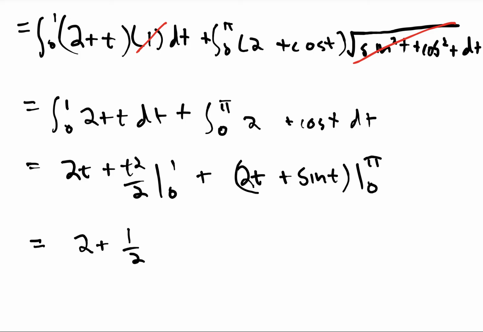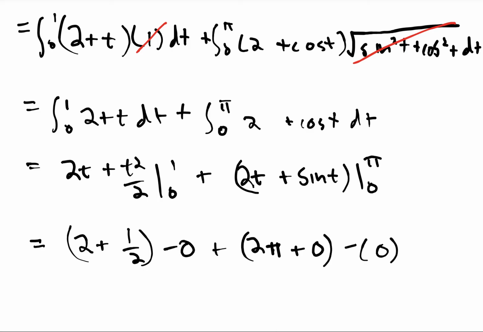Because when you go to subtract off what happens when you plug in 0, you're subtracting off a 0. Over here, on the other hand, I will get 2 pi plus sine pi. Sine pi is 0, minus what happens when I substitute in 0, and that also is pretty uneventful. So ultimately here, what I should be looking at is 5/2 plus 2 pi. That's my end result.